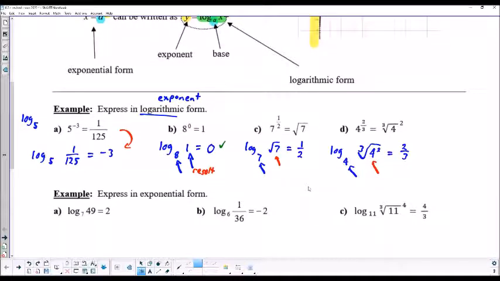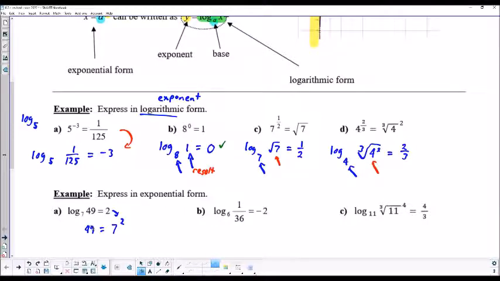Now we want to write it in the other direction. We want to express these in exponential form, so we just undo what we just did. Here's the result, and I usually just write that right underneath. We know the base is 7 and the exponent is 2.